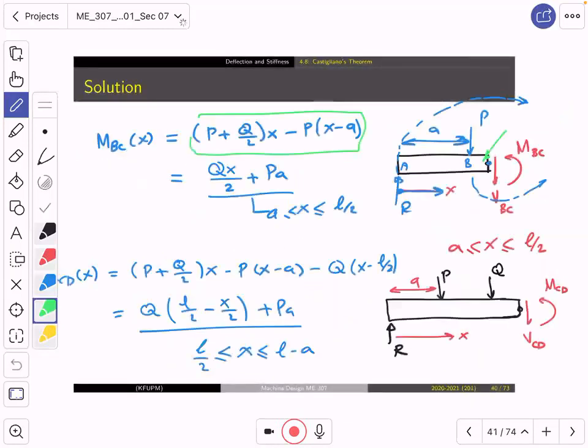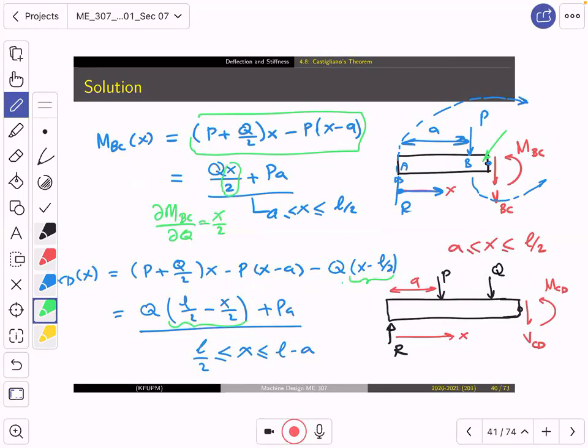I go to the next equation over here, and I will get del M_BC over del Q, which is again x over 2. Only this part. Now, if I go to the next equation, what would I see?